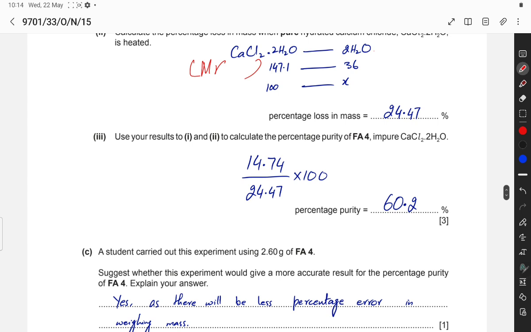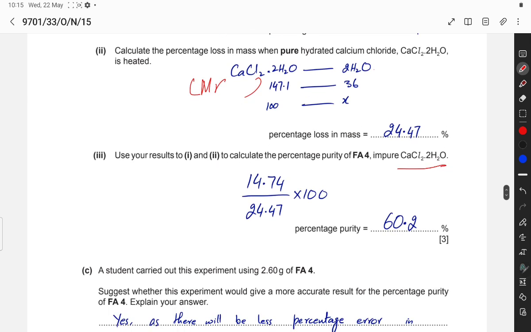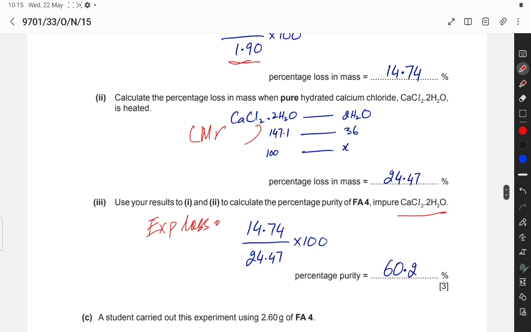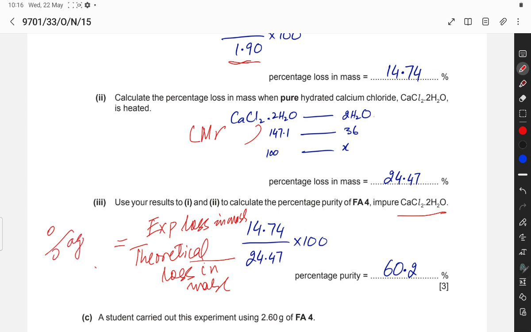Use your results 1 and 2 to calculate the percentage purity of FA4, impure hydrated calcium chloride. 14.74 is the experimental loss in mass, and this is the theoretical loss in mass, and this is equal to percentage purity.